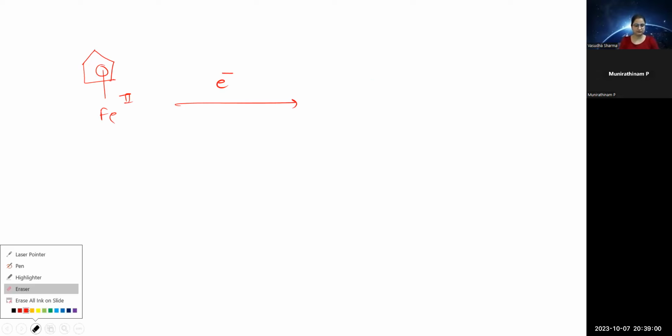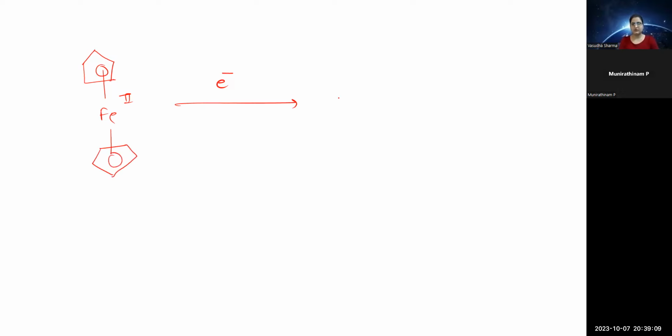When we have iron Cp2, this is iron 2. If it loses its electron, it becomes the ferrocenium ion, where iron is in +3.